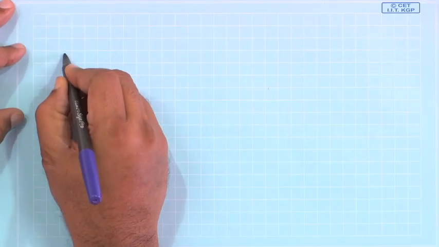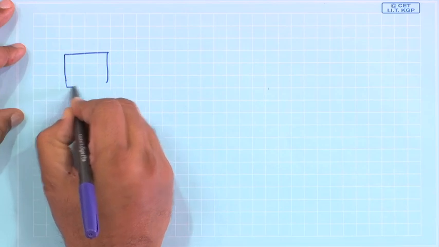The first one that we are going to do is, let us think of a rectangular surface like this.